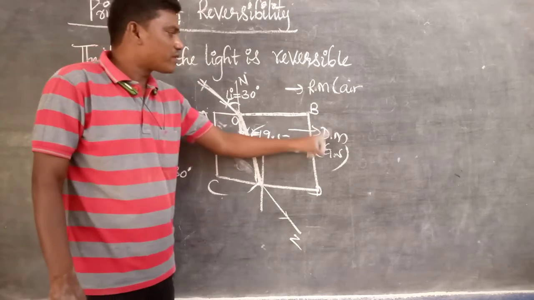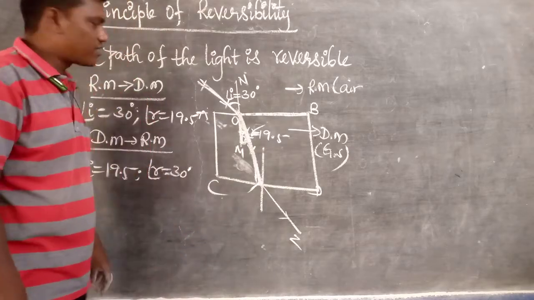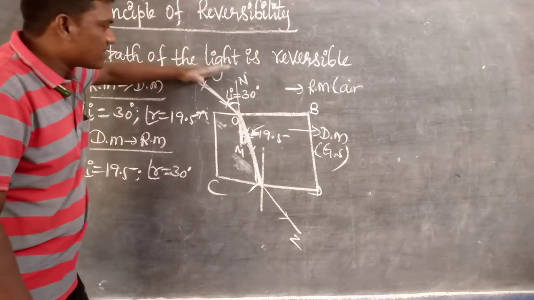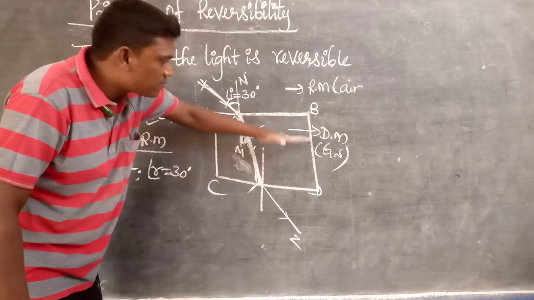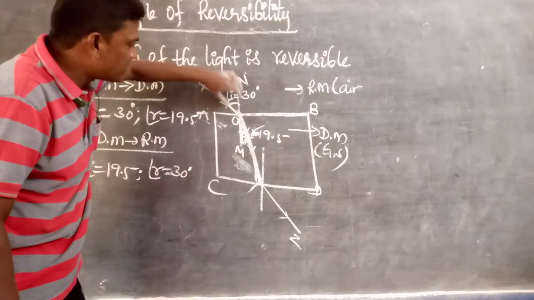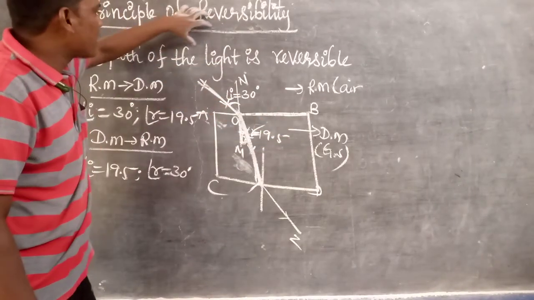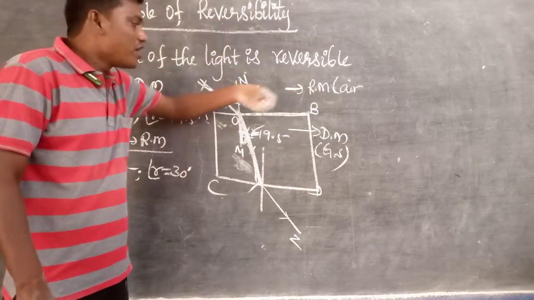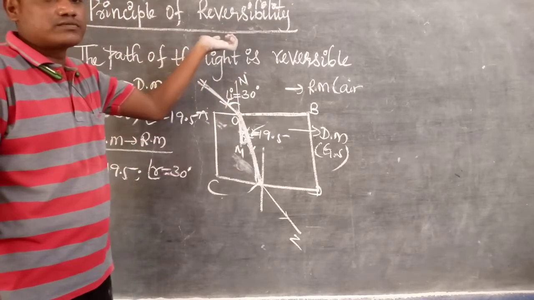Are you understanding or not? So when the light travels from rarer medium to denser medium at a particular angle of incidence and refraction, the path of the light is reversible when we do the experiment in the reverse mode.